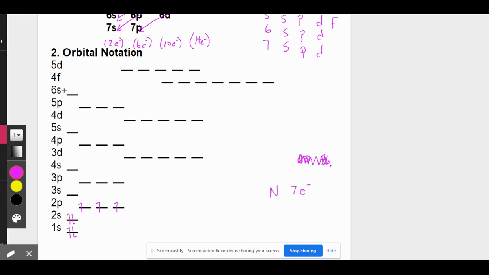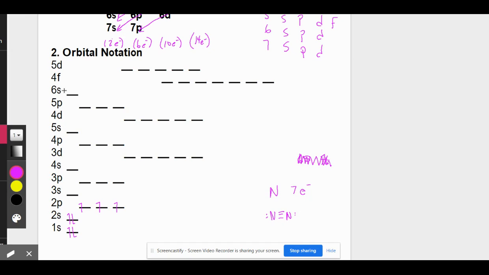And that is why nitrogen tends to make 3 bonds, because atoms can come in and pair these up and make those 3 bonds. Or if I have 2 nitrogens, it tends to make a triple bond where they're sharing these electrons to fill up these orbitals. So nitrogen between itself makes a triple bond, and then I have these lone pairs over here. All right, so this is orbital notation.